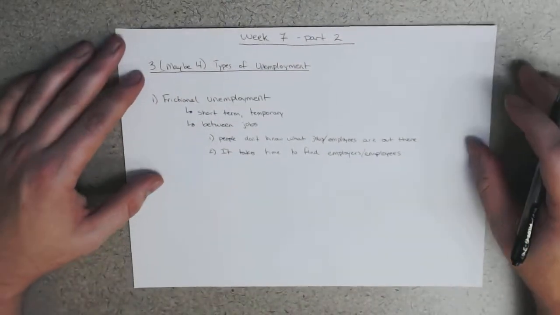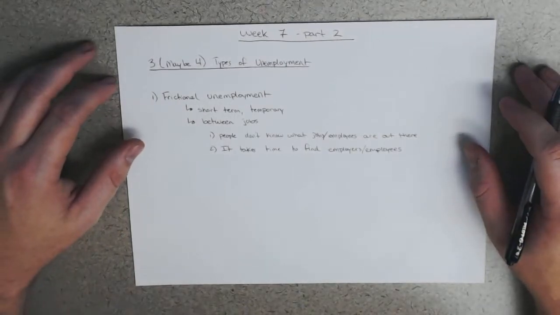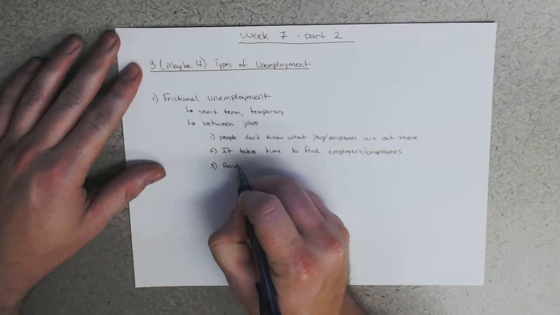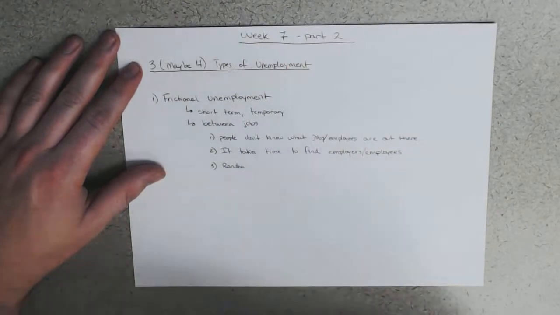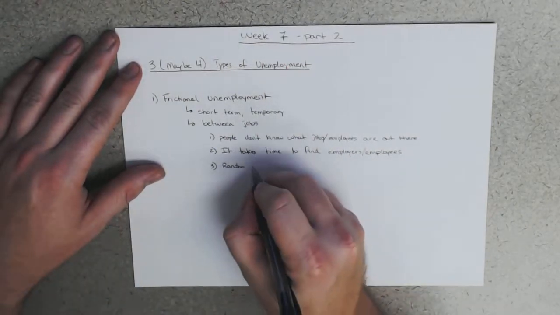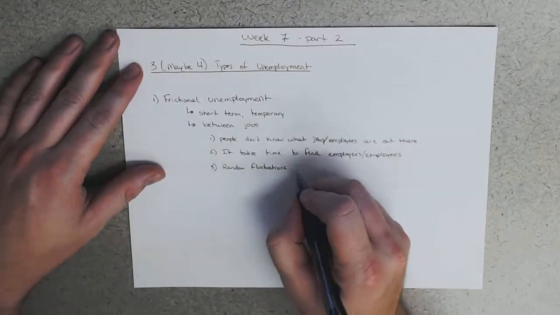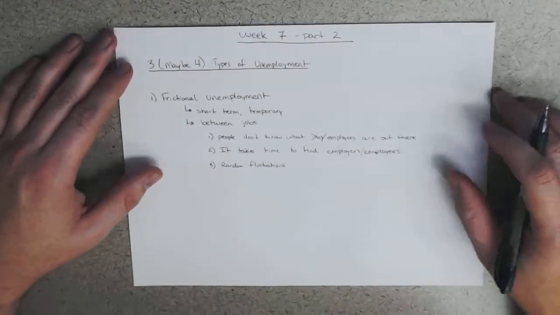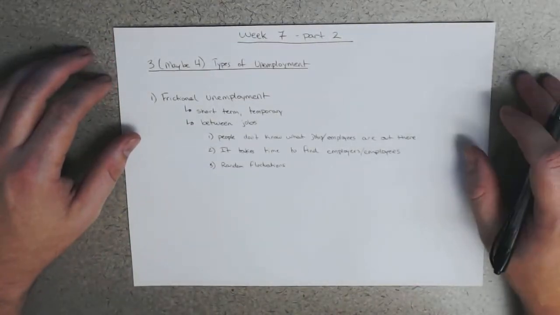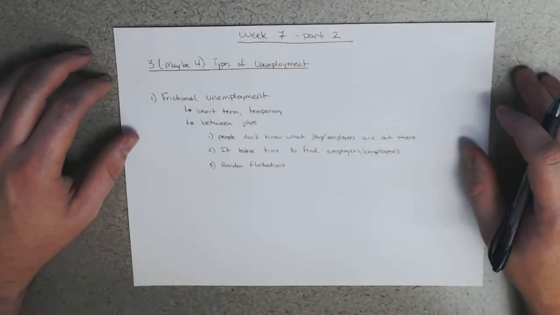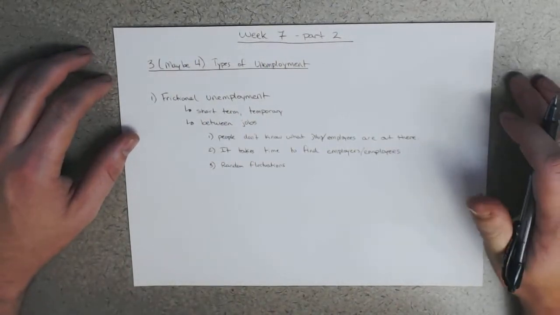It takes time for employees to find new employers, and it takes time for employers to find new employees. And then the last one would be random fluctuations. There are cases of random fluctuations in employment: people suddenly leaving, or suddenly having a high opportunity cost.